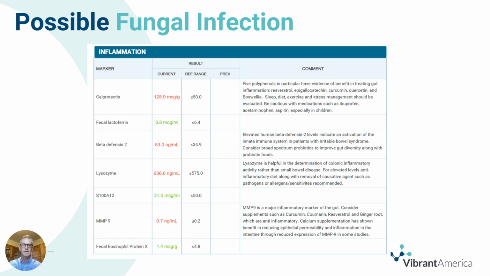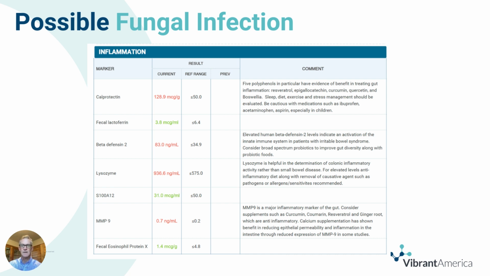Okay, here is an inflammation panel that is showing us a possible fungal infection, like I was just speaking about. So you can see we've got some beta defensin that's elevated. You've got lysozyme. You've got an MMP9 that's elevated too. It's not greatly elevated, but it is up there. But that combination of those three would make you start thinking about maybe Candida or some other fungal overgrowth going on in the gut.